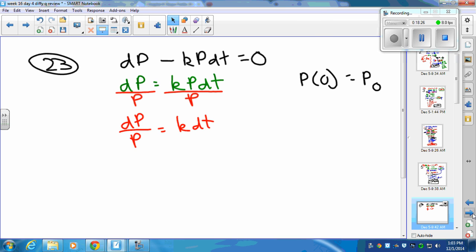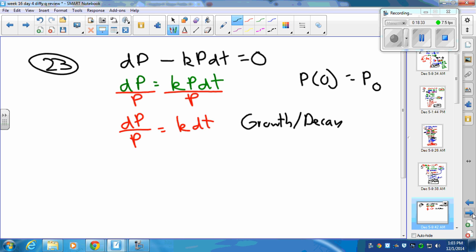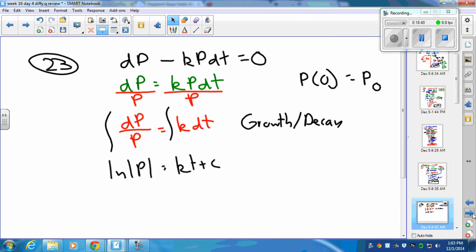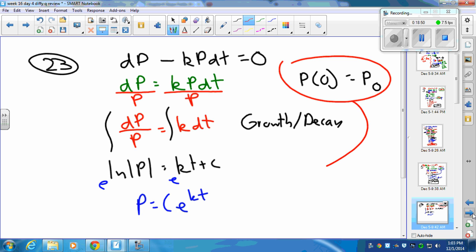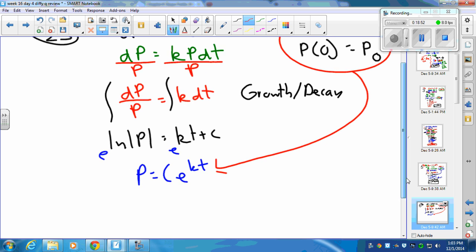Oh my gosh, you should know that this is the growth decay model. When you integrate, you got ln of p equals kt plus c, e both sides, p equals c e to the kt, and then it gives me an initial condition of this, which you can plug in and go p naught equals c e to the k 0, which gives me p naught equals c.